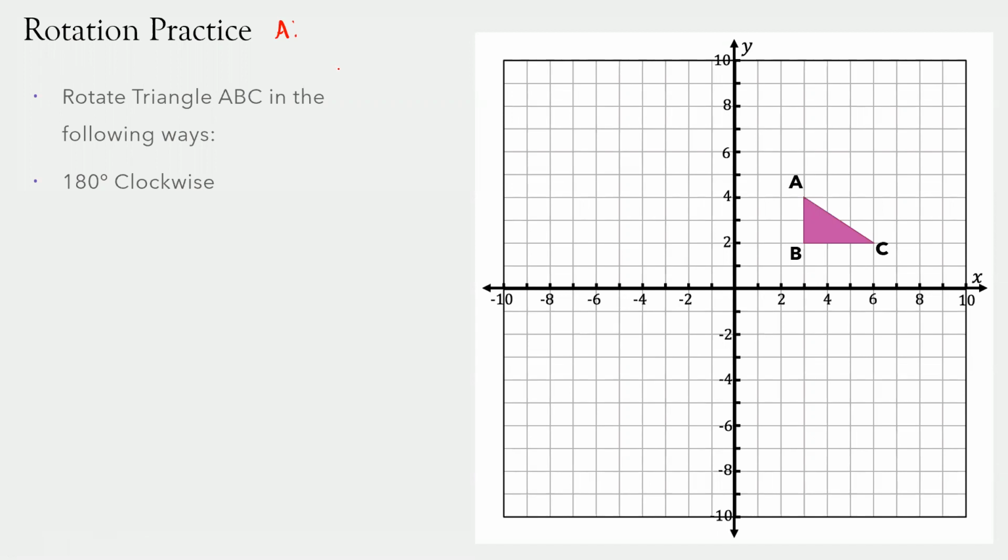So 3, 4. B is at 3, 2. And C is at 6, 2. So we want to rotate these 180 degrees clockwise. And hopefully you have your rules written down, because otherwise this is going to be very difficult.